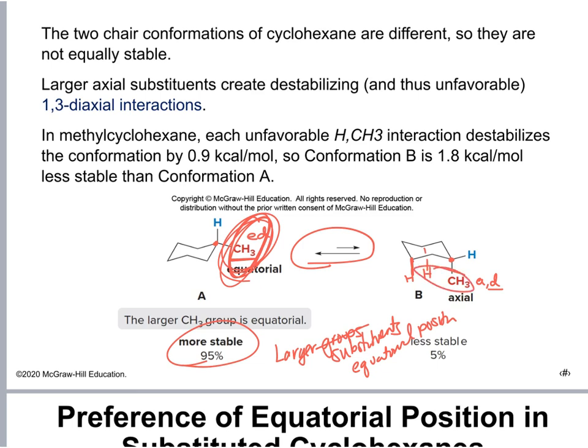It's going to hit those. These are those 1,3 flagpole hydrogens that it's going to hit. Actually, they call them 1,3 diaxial interactions. And these are not energetically favored. I think that's what they're talking about here.